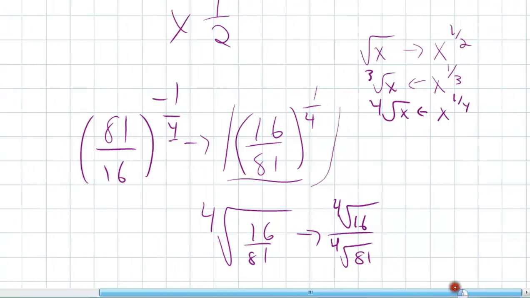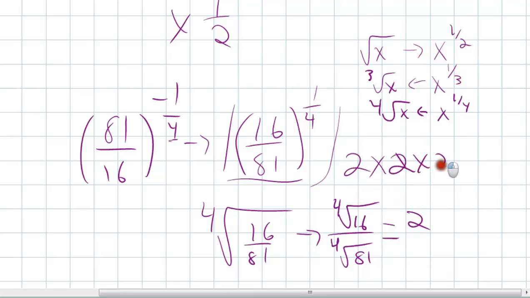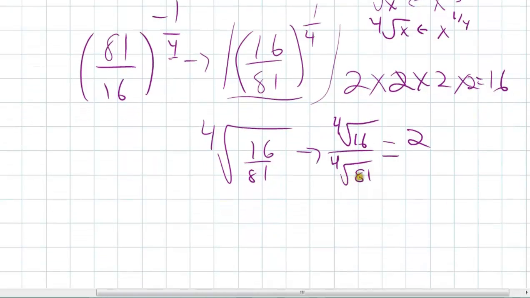What times itself 4 times gives us 16? Well, that's 2, because 2 times 2 times 2 times 2 gives us 16. And how do we get 81 using the same process? Well, that'll be 3, 3 times 3 times 3 times 3.